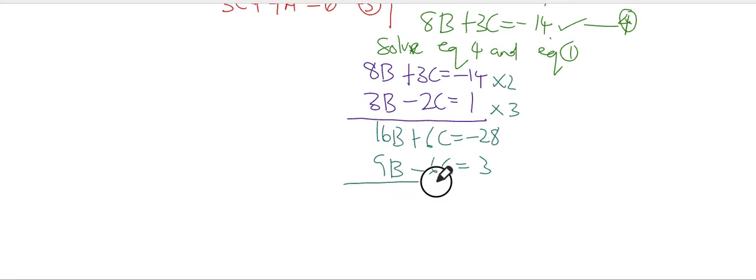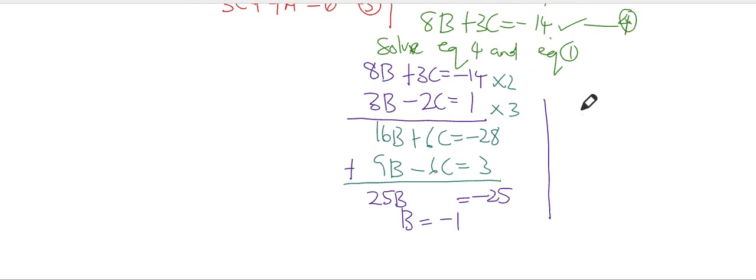Now I can solve. 16 plus 9 is 25B, and negative 28 plus 3 is negative 25. There you go, I think our answer is correct. So B equals negative 1. The moment you get a whole number, you'll be confident. I don't think you'll have many mistakes after this.